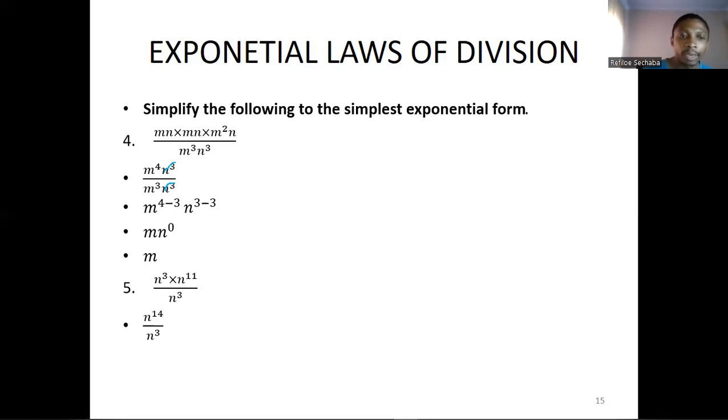In the denominator, you have n to the exponent of 3. Now you're dividing the same bases. What will be your answer now? So it'll be 14 minus 3. What is 14 minus 3? You will end up with a base of n raised to the exponent of 11. Great.